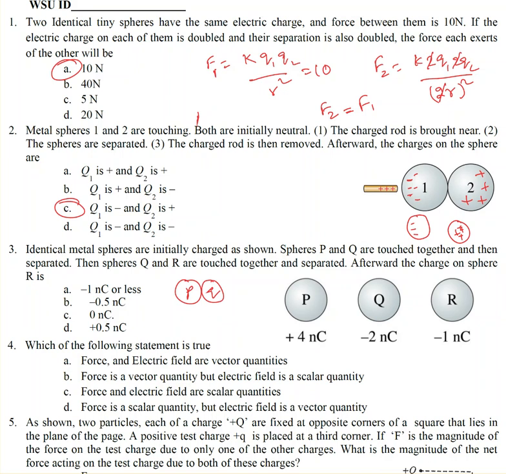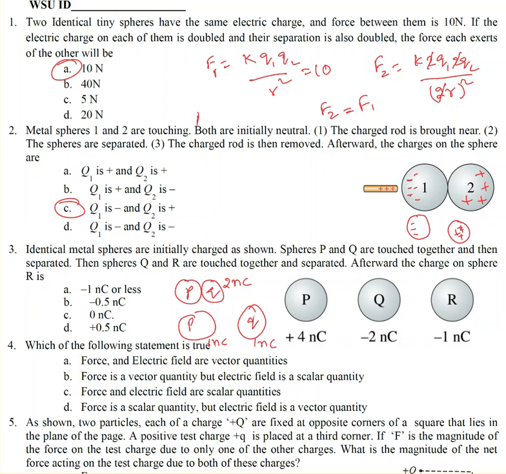Now they get cancelled out. 4 minus 2, the rest of the charge is only positive 2 nanocoulombs. That positive 2 nanocoulombs is going to be spread over these two. So basically P has 1 nanocoulomb of positive charge, Q has 1 nanocoulomb of positive charge.